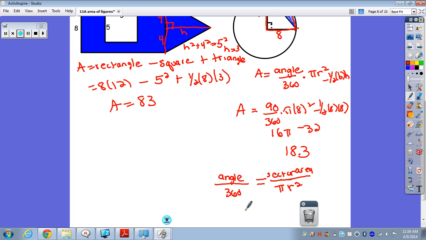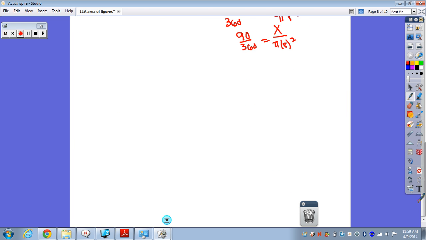So we did 90 over 360 is equal to the sector area, which we're trying to find, over pi times 8 squared. And then you cross multiply and solve for it.